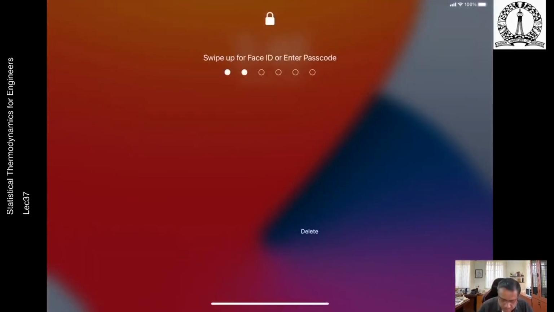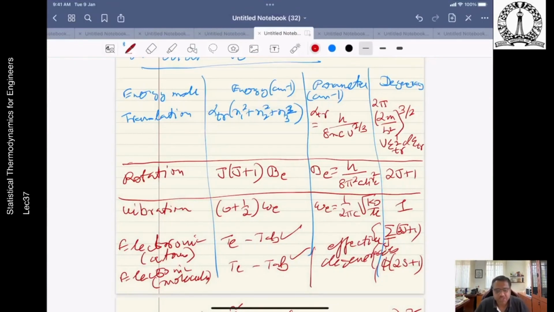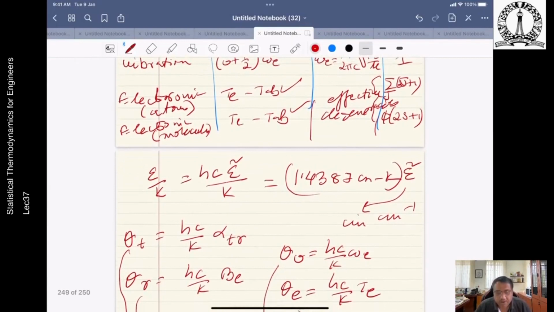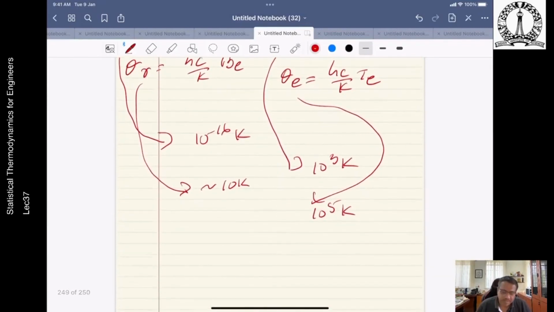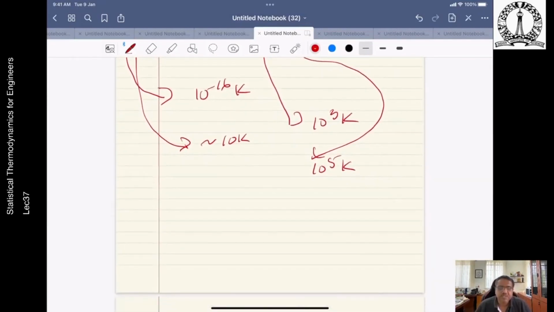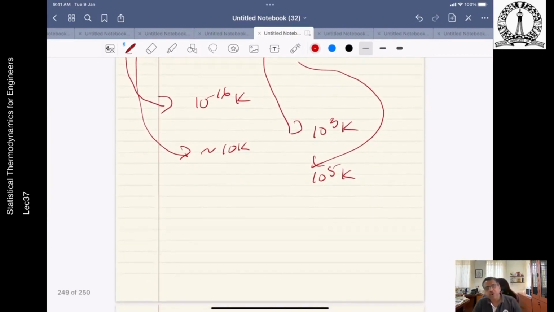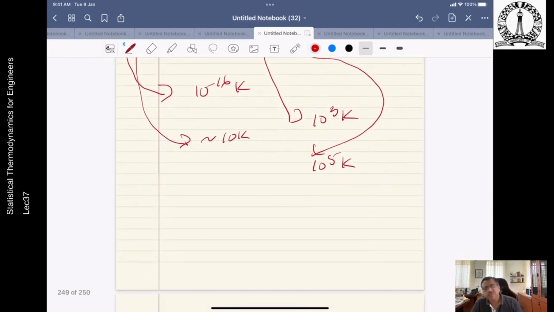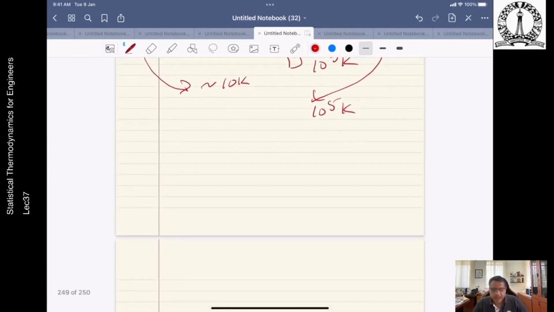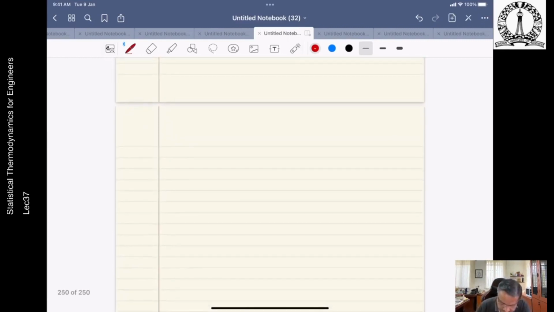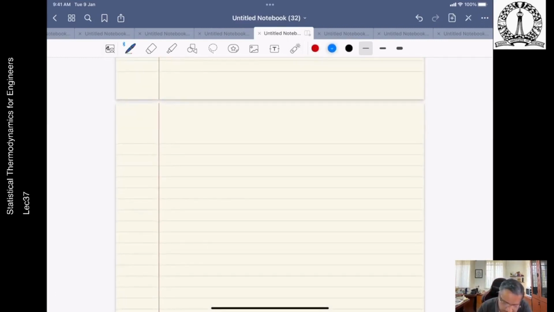Now we are going to use this knowledge to proceed towards a macroscopic description of assemblies of atoms and molecules, and that is exactly what we started to do over here. But as we said earlier, let us convert all of these in terms of the unit of temperature. So let us write the temperatures once again.